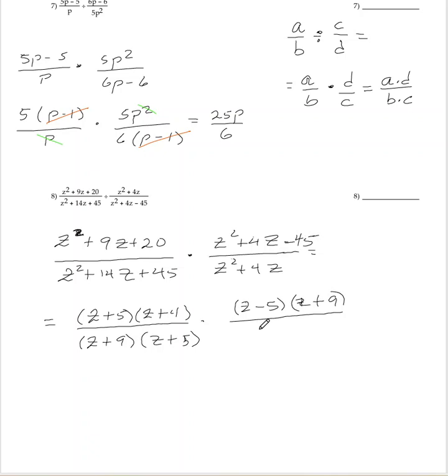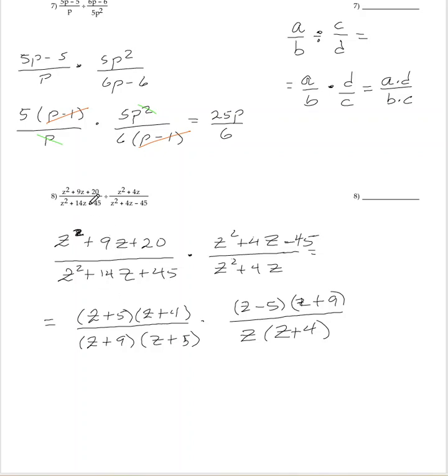And then finally we factor here c squared plus 4c, and we have a common factor c here, and then the other factor is c plus 4. Let's double check all the factorizations. So c squared plus 9c plus 20, c plus 5, c plus 4, 5 times 4 is 20, 5 plus 4 is 9.